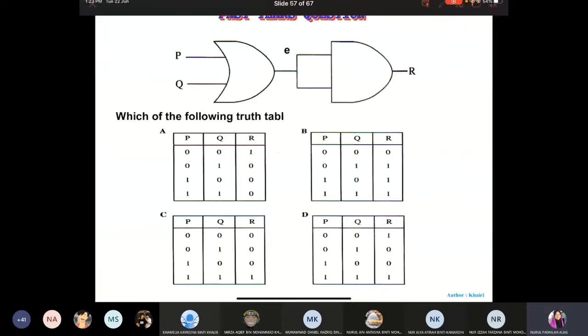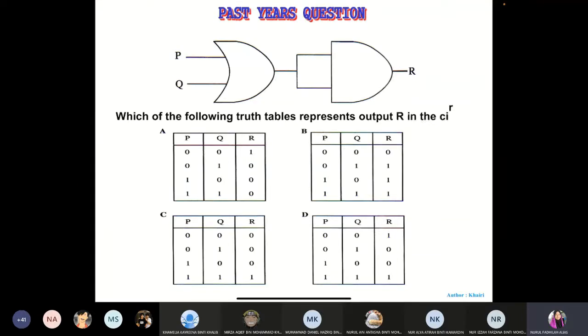Get ready. So which of the following truth tables represents output R in the circuit? So let me call a name. Okay, Shahira Safia, what's your answer? But do it quickly in your notebook.